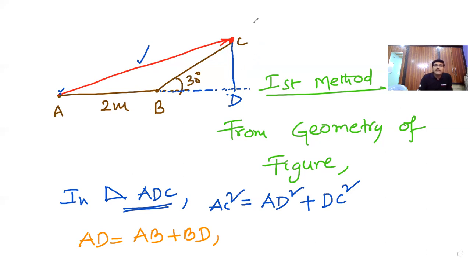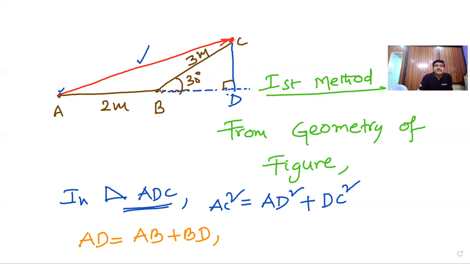Okay. Now I am taking another right angle triangle. This is BDC. BDC is a right angle triangle. BC we know, how much? 3 meters given.